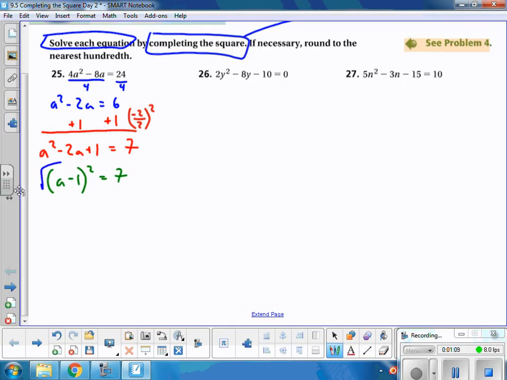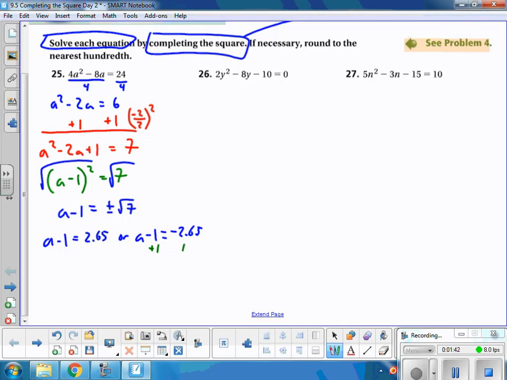I'm going to square root both sides, so I have a minus 1 equals plus or minus the square root of 7, and the square root of 7 is 2.65. Okay, so I'm going to write that in here. So a minus 1 equals 2.65, or a minus 1 equals a negative 2.65.